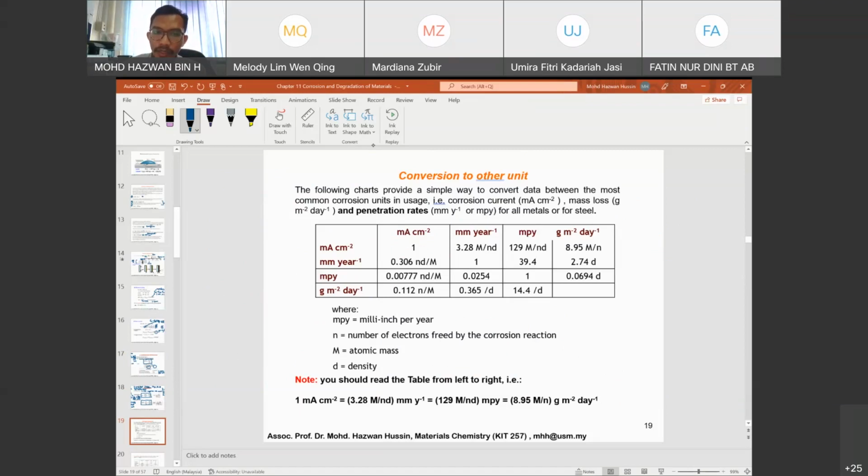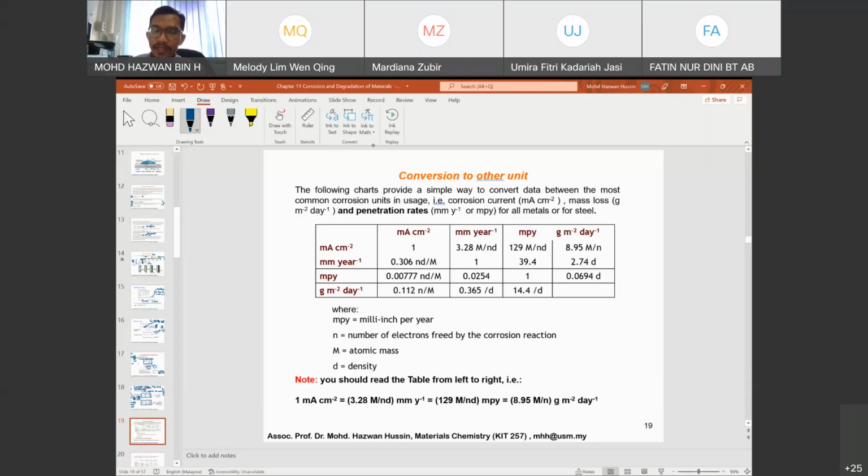If you want to convert milliamperes over centimeter square to MPY, then you need to multiply with 129. If you need to convert from mmpy to MPY, you multiply with 39.4. From MPY to mmpy, you multiply with 0.0254.